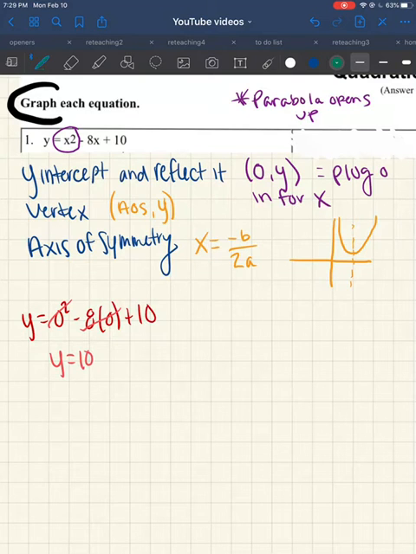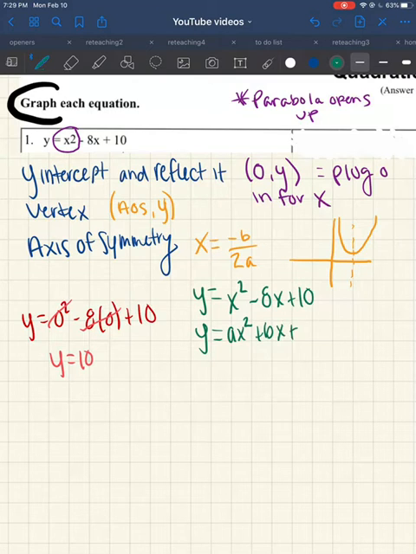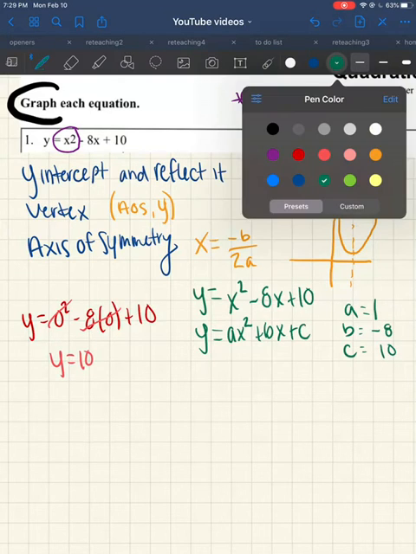Okay, so I'm going to rewrite my equation over here. I'll get y equals x squared minus 8x plus 10. I'm going to write below it the standard quadratic form, ax squared plus bx plus c. And I got some a, b's, and c's there I can use to form an axis of symmetry. So a is going to be 1, b is going to be negative 8, and c is going to be 10.